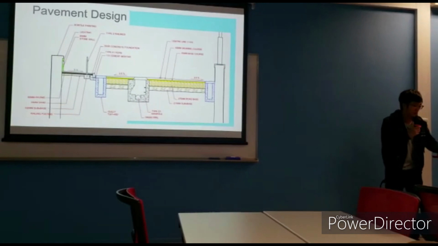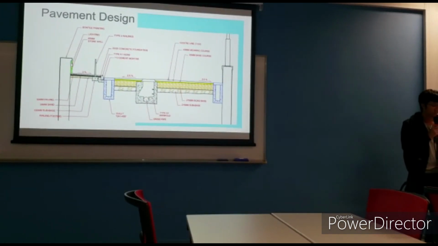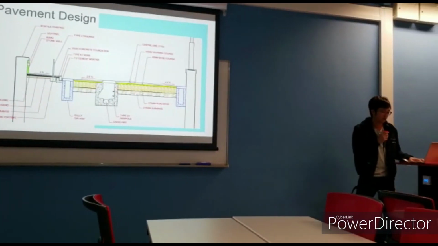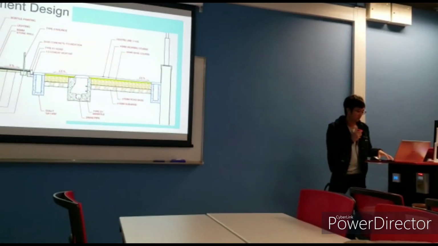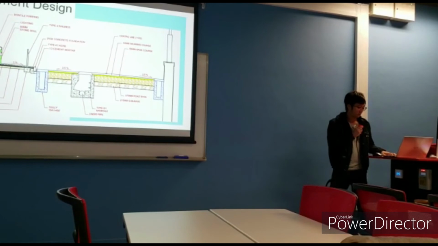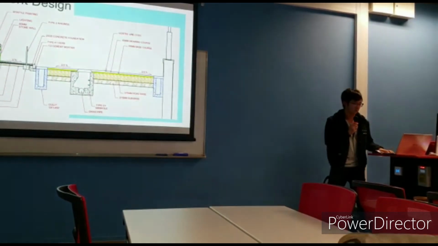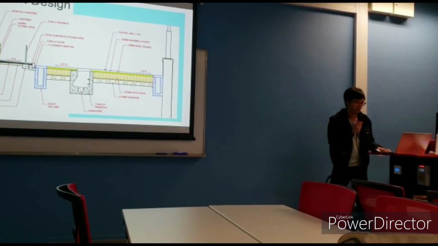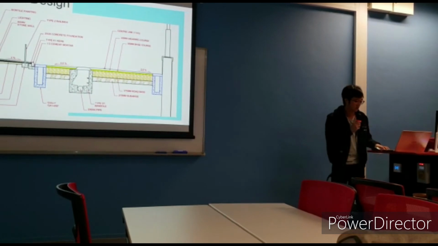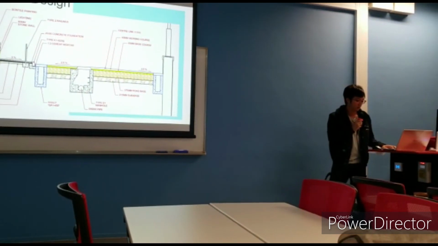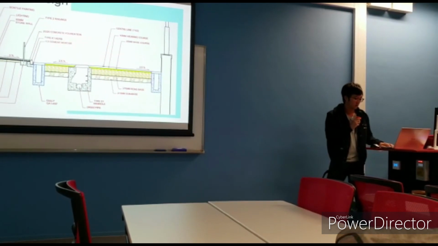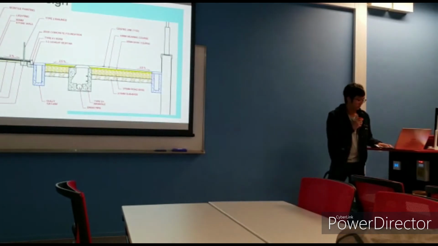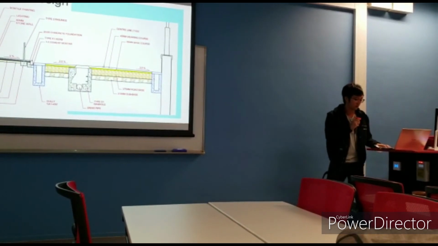For the pavement design, the formation will be fully compacted with 98 degrees, and after the formation, we will use bitumen for the carriageway pavement. It will lay 235 millimeters of base on the formation and 375 millimeters thick wall base, 65 millimeters base course, and 40 millimeters thick wearing course.